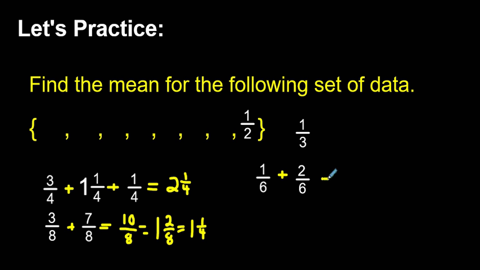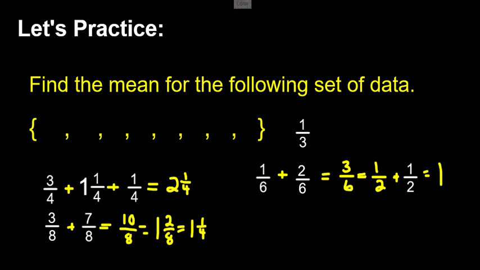So 1 plus 2 is equal to 3, and the denominator stays the same, 3/6, which is actually the same as 1/2. And finally, I'm going to go ahead and add my other 1/2, and we get 1/2 when we add those values together.